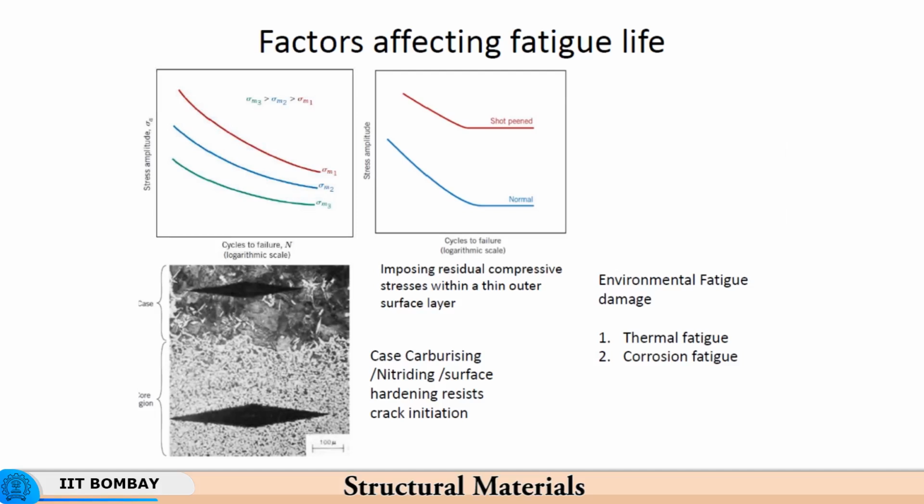When you bombard the surface with steel shots, so you have balls of steel, or balls of tungsten carbide, or balls of silicon carbide. So, there are different ceramic materials with which the ball is made, and then these are hammered, or shot at the surface. So, they impact the surface and create small indentations.